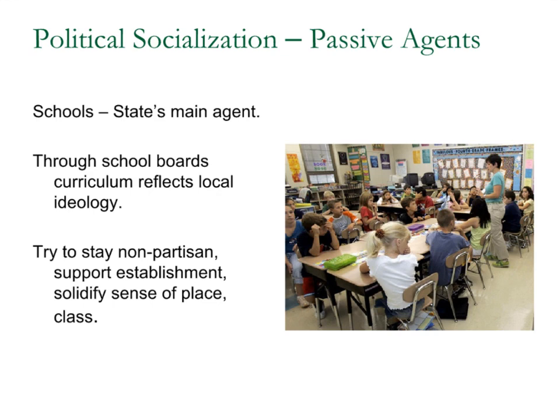Now, there's quite a bit of controversy surrounding the types of socialization that occurs in schools, and that's because parents are leery. They're distrustful of handing their children over to these state institutions where they might be exposed to values, norms, and attitudes that differ from those that the parents hold.